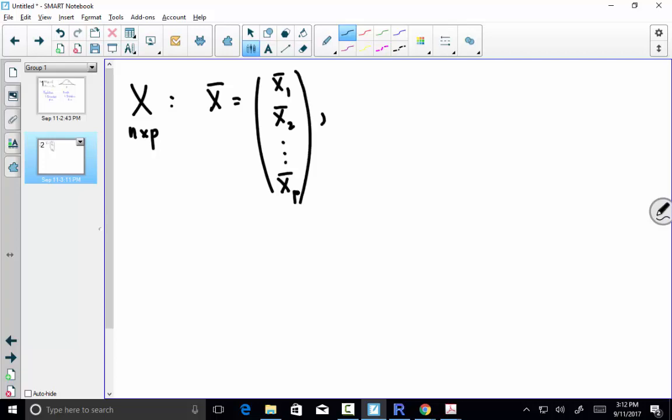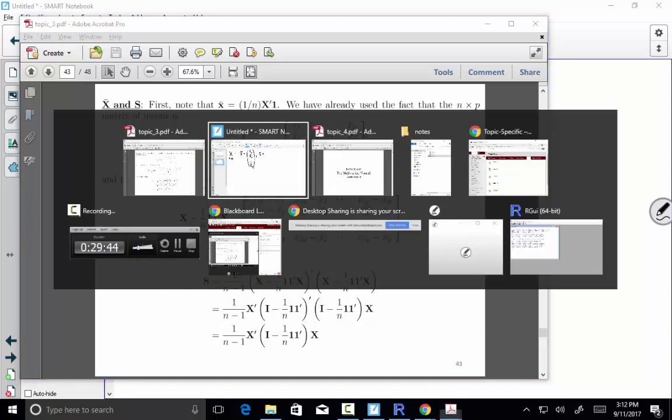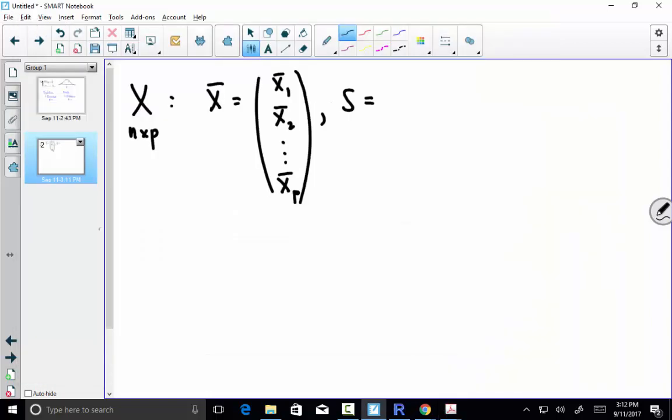And similarly, S, the sample variance covariance matrix, we'll write it this way. Instead of little sigmas, we'll use little s's: sample variances down the diagonal, sample covariances in the off diagonals.